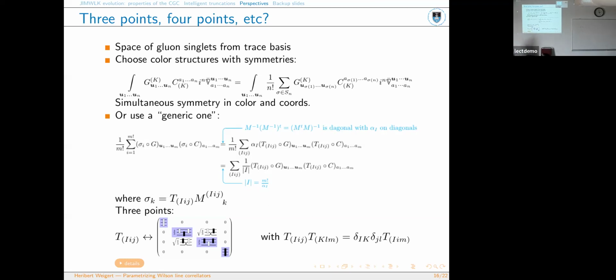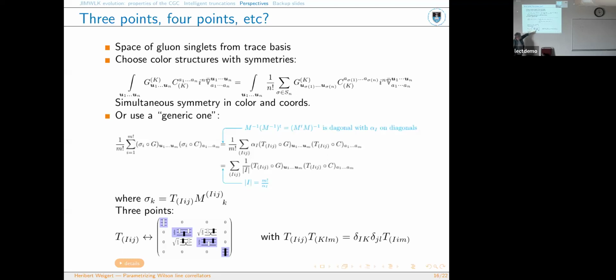And what comes out is that the combination of color structure and endpoint function must be symmetric under simultaneous exchange of gluon color index with coordinate, simultaneous swaps. You can rewrite this with a little theory in terms of operators that you saw as Hermitian projection and transition operators. So this is the example where I have 3 points floating around here.